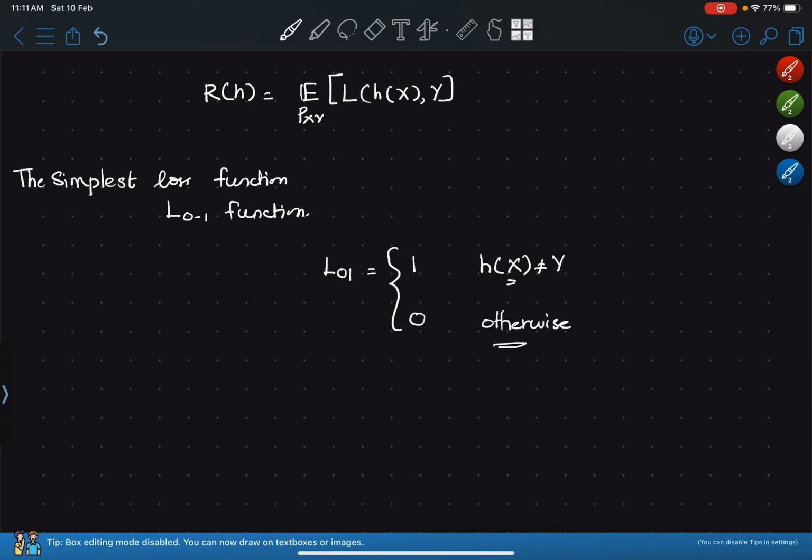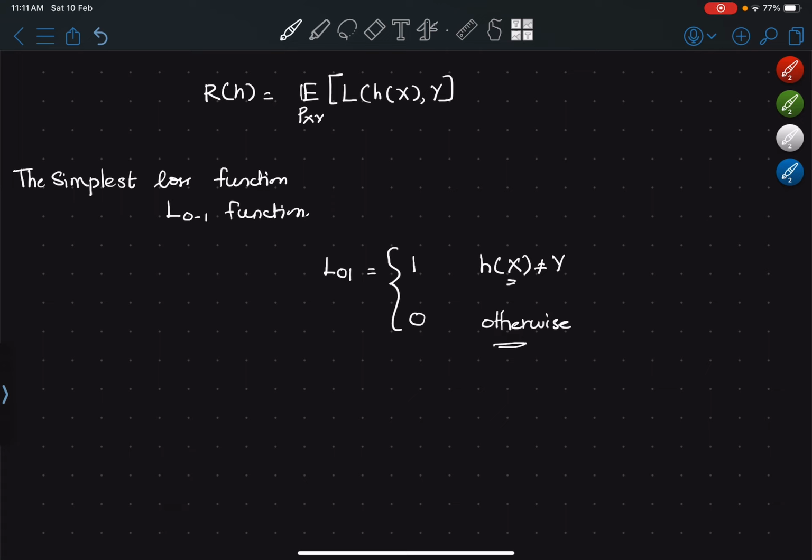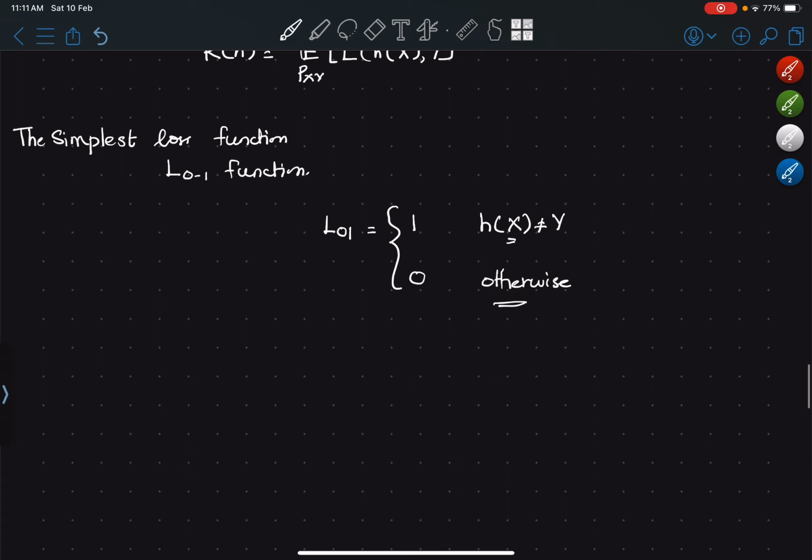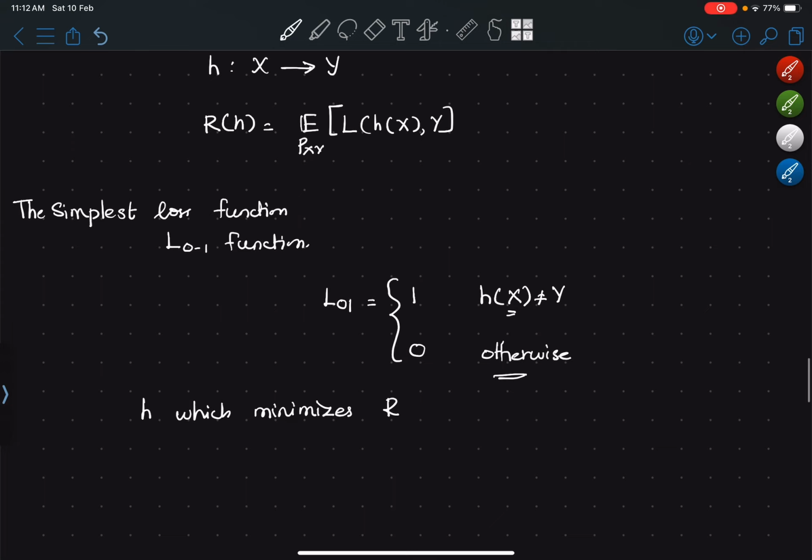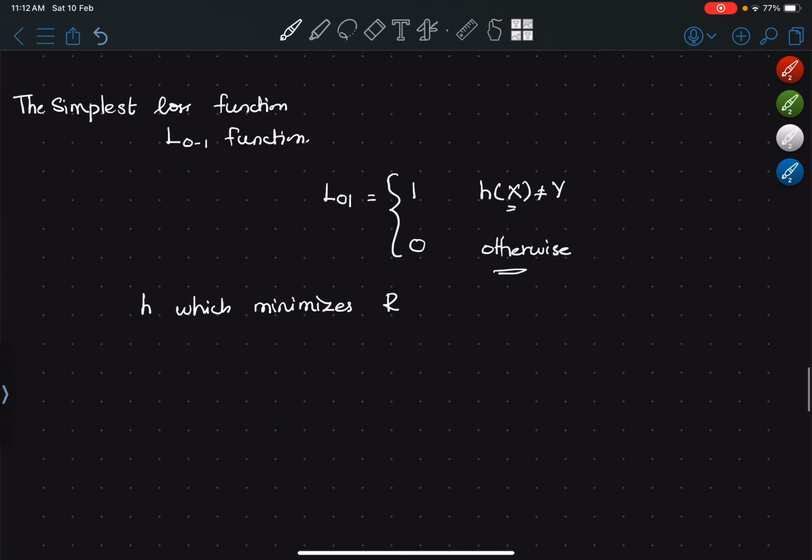Now we want to find a function, a hypothesis h, which minimizes the risk. The risk, we've already seen what the risk is, right?